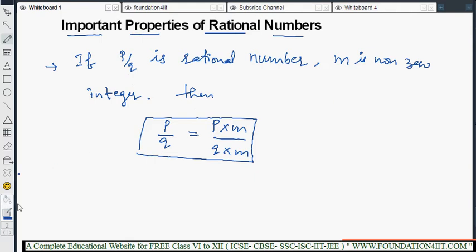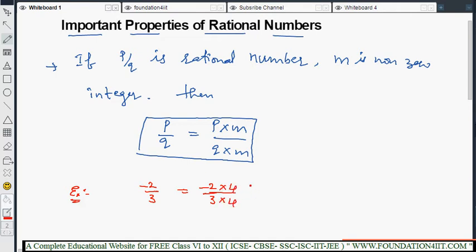For example, take minus 2 by 3. This is a rational number, a negative rational number. Take some other number, 4. Now this is equal to minus 2 into 4 by 3 into 4.